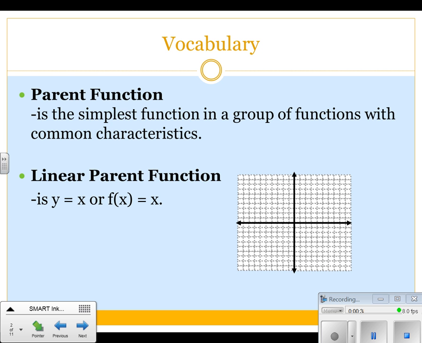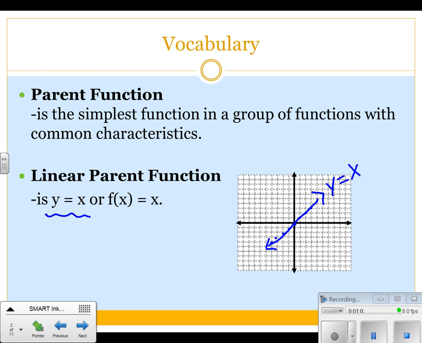So on my coordinate plane here, if I was going to graph the parent function y equals x using my blue marker, y equals x looks like this. That would be y equals x, the parent function.